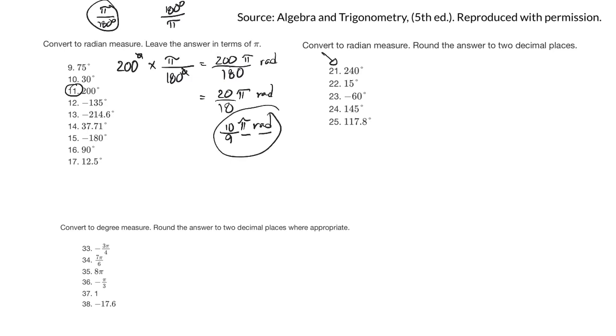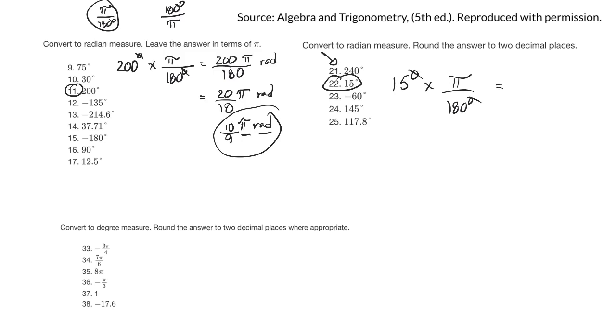So let's try, say, this one, 22. Say I have 15 degrees, and I want to convert that to radians. So I'm going to go times the pi over 180 degrees again. Now this time, rather than simplifying the 15 and 180, maybe I'll do it just for fun.